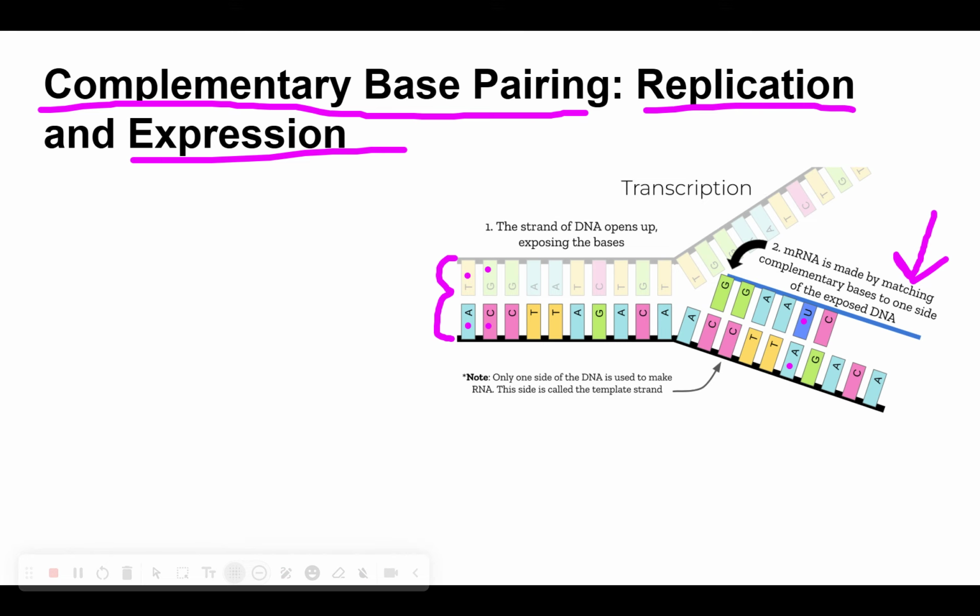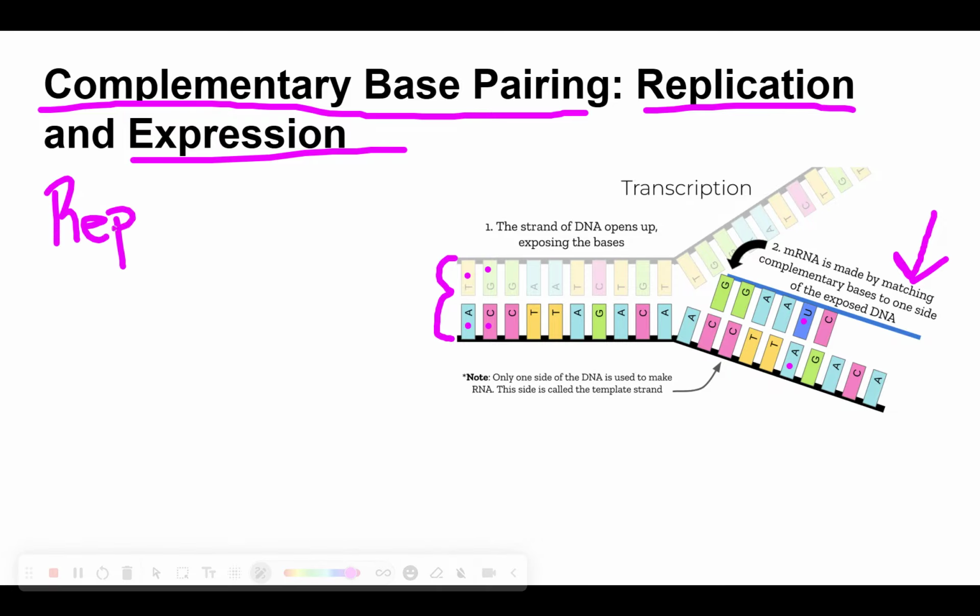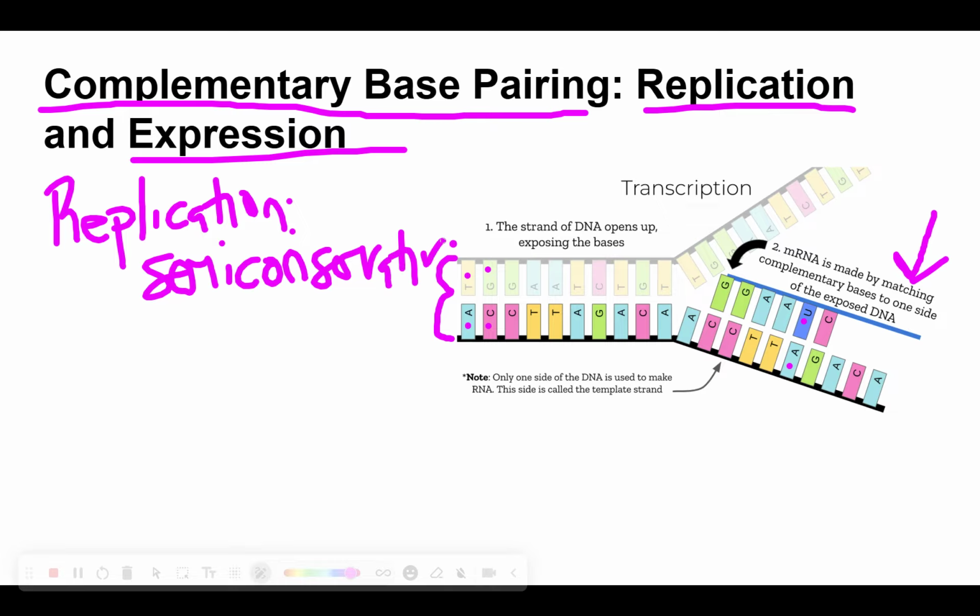So let's talk about replication first. The process of DNA replication is semi-conservative, which means that when DNA is going to replicate, it unzips at the center.